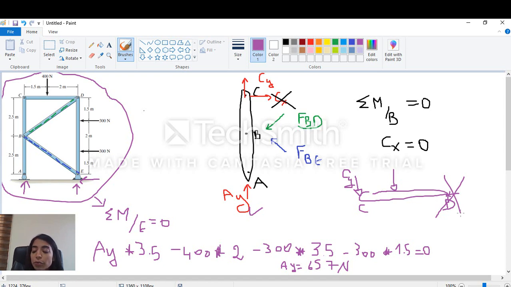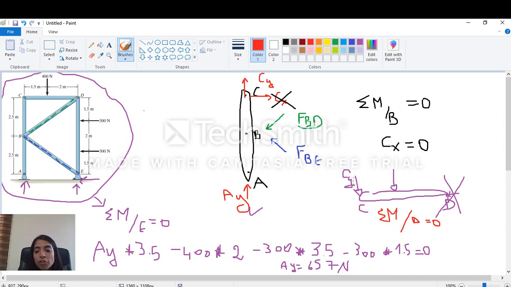So what I want to do now is to find the CY by doing the sum of moments around D. So if I do the sum of moments around D in this member, this is equal to 0, then I can find Cy. And here Cy will be negative, okay?